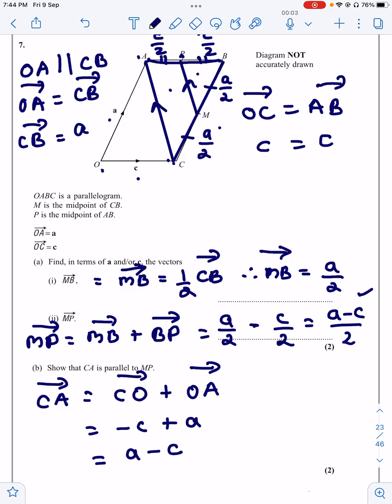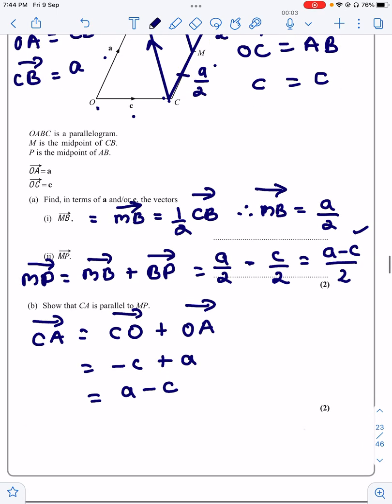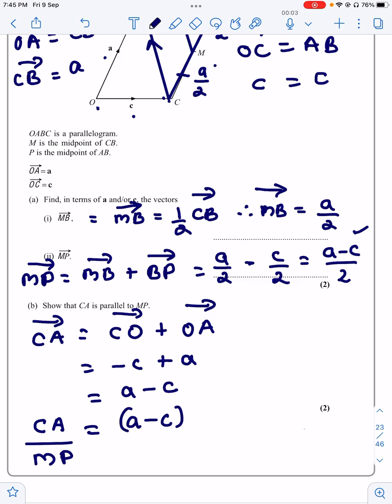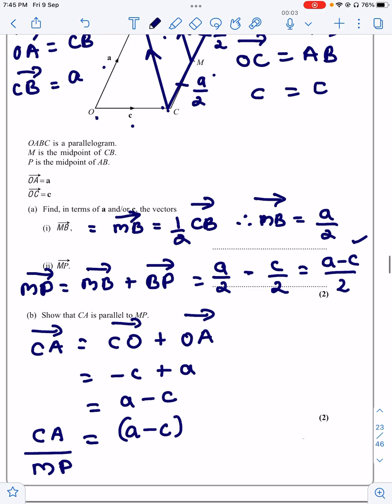If I prove MP is half of CA, I can prove MP is parallel to CA. And vice versa, my dear students, you have to remember, if MP is parallel to CA and MP is half of CA, then M and P become the midpoints of their respective sides. Look here, let me check. CA upon MP. CA I got as A minus C. Or should I take the first?